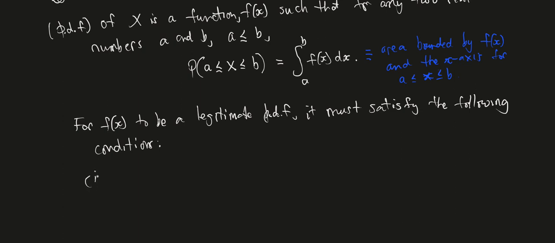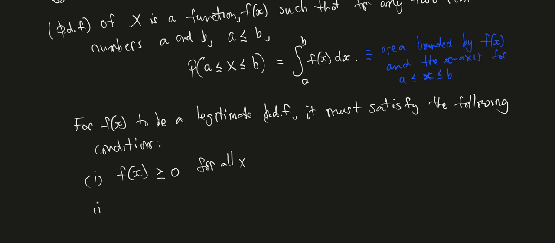So for sure, we need that one as well. Our PDF, I keep saying continuous because we don't know if it's continuous, has to be a function that's greater than or equal to 0 for all x, not just some, but for all x values.